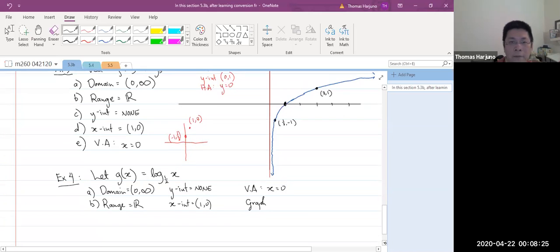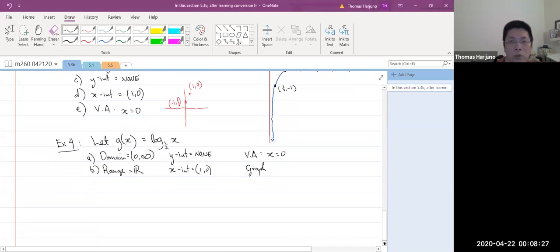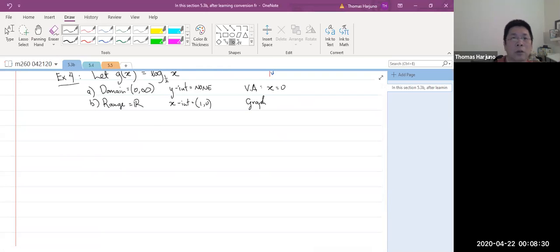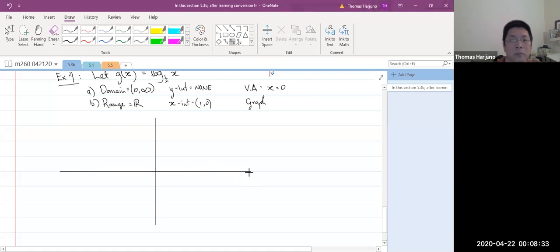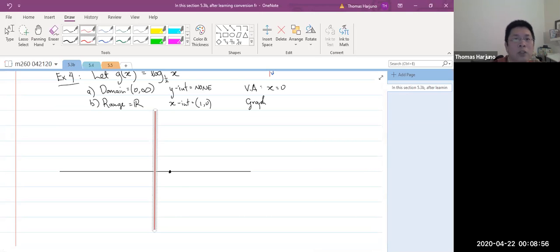Now the graph requires us to do, let's see, the graph will have the same x-intercept (1, 0), the same vertical asymptote, but with only these 2 pieces of information we cannot graph better. We need to imagine what the 1/2 to the x looks like.